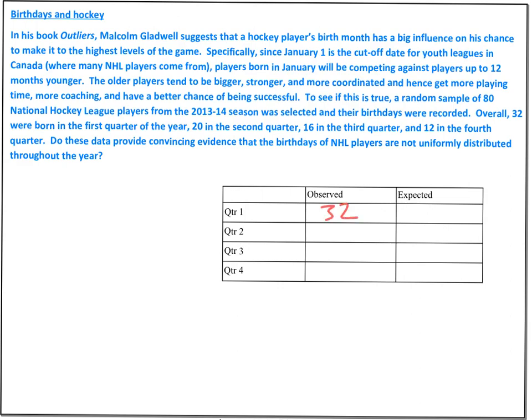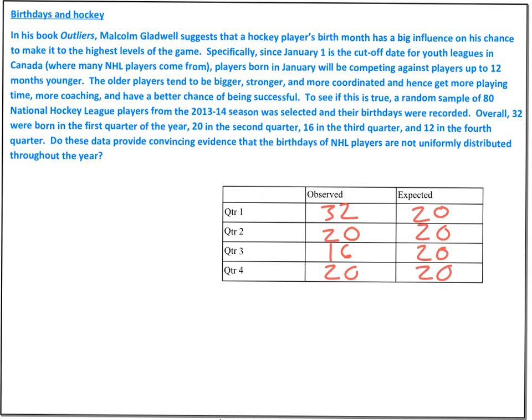He randomly selected 80 NHL players: 32, 20, 16, and 20, because he split up the year into 4 quarters, 1, 2, 3, and 4. Now here the expected is a little bit tricky, but what we're looking to see is if those birthdays are evenly distributed throughout the year.